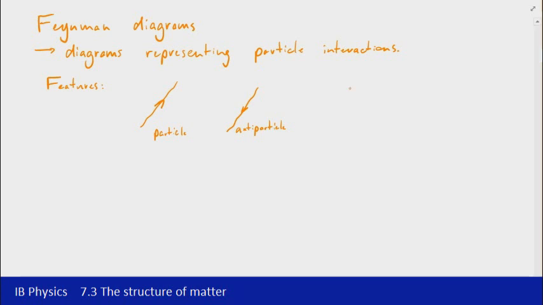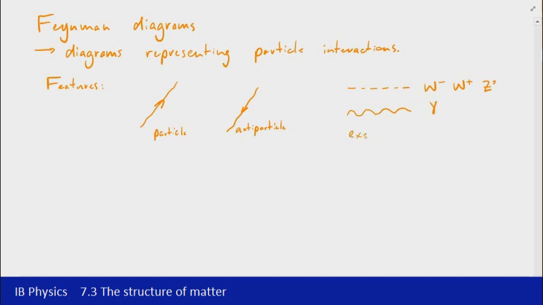Now, the other things we have to indicate on Feynman diagrams are the exchange particles, and we usually use two different types of representations for the particle interactions. For the exchange particles, we're usually going to use a dashed line for the W minus, W plus, and Z neutral, and then a squiggly line for photons.